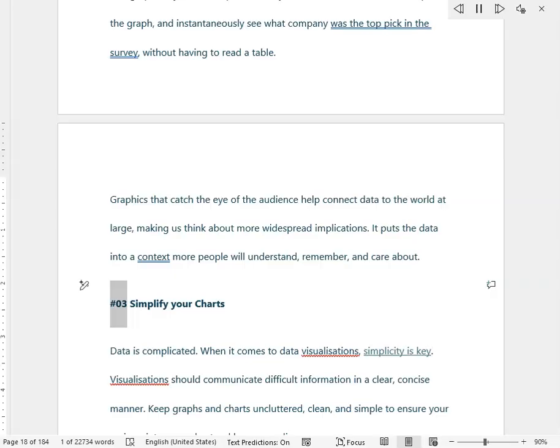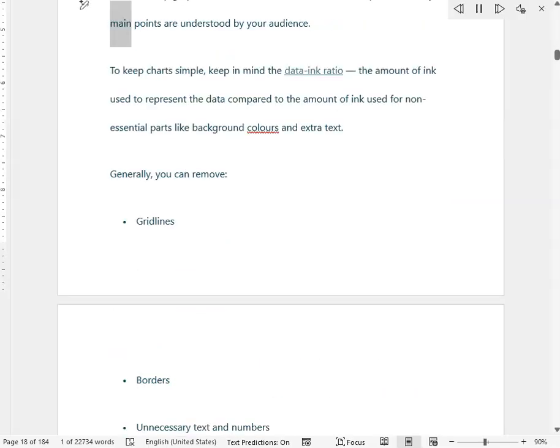Number 03, simplify your charts. Data is complicated. When it comes to data visualizations, simplicity is key. Visualizations should communicate difficult information in a clear, concise manner. Keep graphs and charts uncluttered, clean, and simple to ensure your main points are understood by your audience.